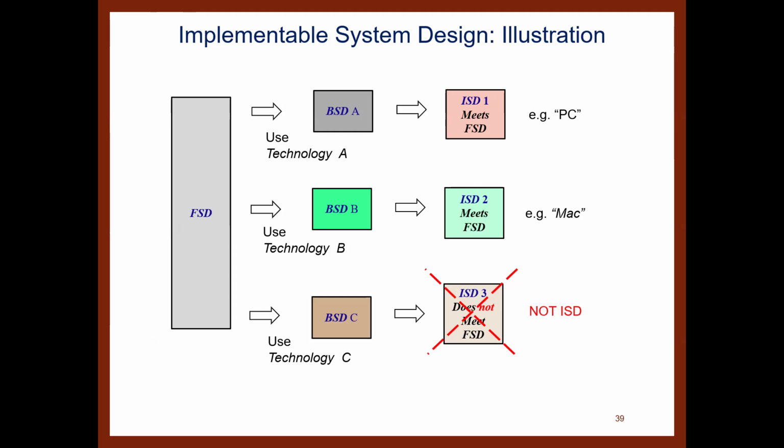From there, this can be taken into an implementable system design. Let's say we are looking at different components. The first one is saying that they are going to be using, let's say, Windows technology. So this design is implementing this, and based on that, it meets the functional system design. So I have an implementable system design 1.